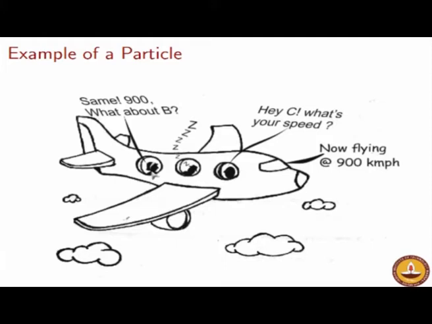In the aeroplane there is a lady sitting in this window, there is a guy who is snoozing around, there is another guy here who is wide awake and looking below the window. But if there is a conversation happening between these people, every person will say that the speed with respect to the ground obviously is 900 kilometer per hour.